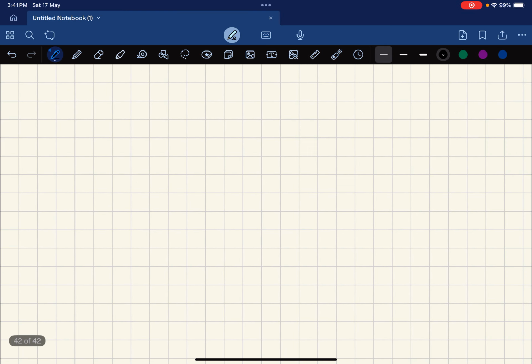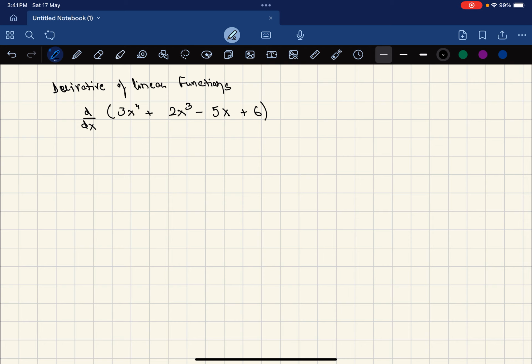Next, we want to understand derivative of linear functions. So let us say we want to calculate the derivative of 3x^4 plus 2x cube minus 5x plus 6.